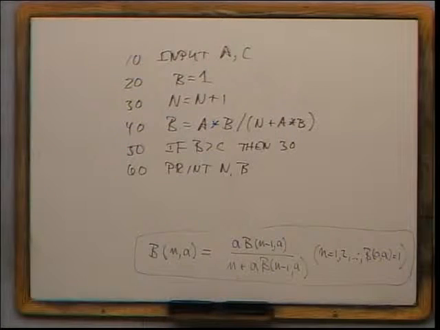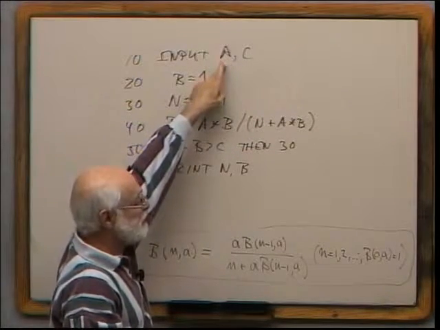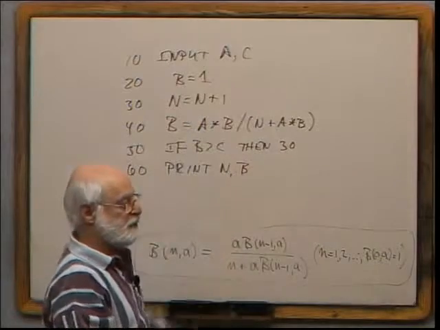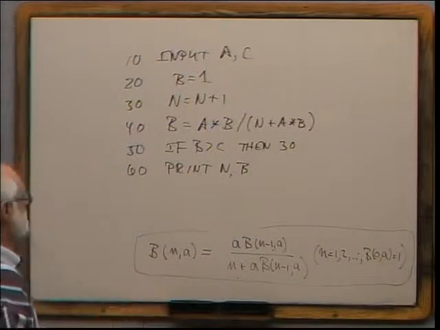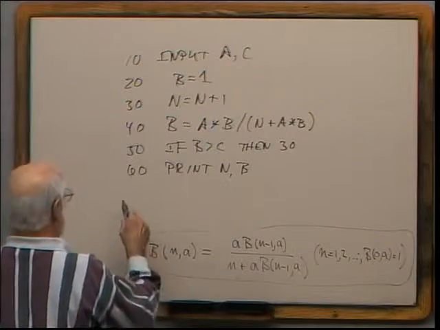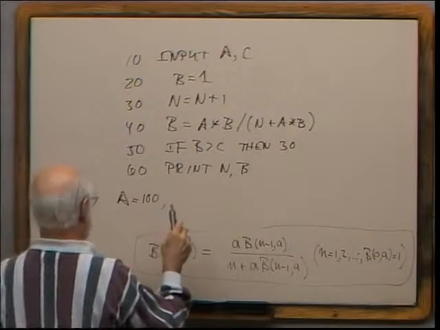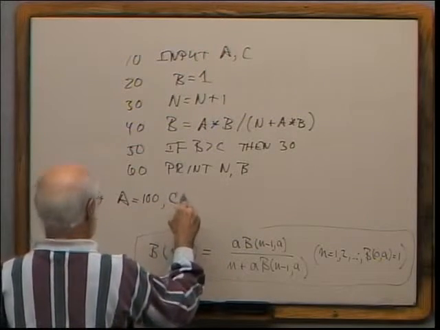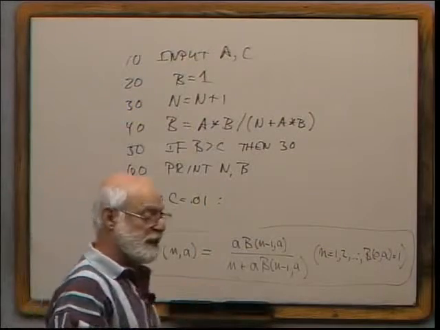Okay, so then when I run this thing, I simply put in a numerical value of A, which in this case I want to be 100, and a numerical value of C, the criterion, to be 0.01. So I'm going to put in A equals 100 Erlangs, and C equals 0.01. And the question is, what am I going to get out? Anybody have a guess?